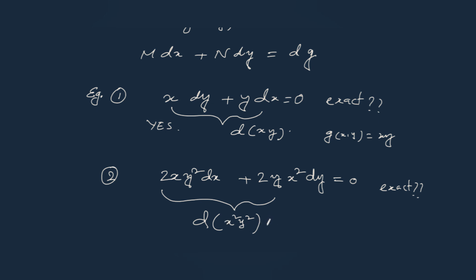The d of x squared y squared can be written as: apply the UV rule, we'll get first x squared, then the derivative of y squared, that is 2y dy, plus y squared times 2x dx.